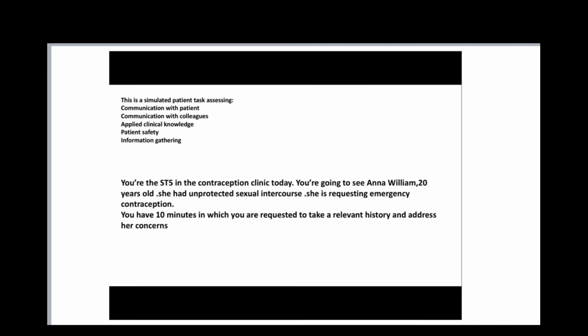This is a very important patient safety issue because in the UK usually they will never insert an intrauterine device unless they do a swab and culture and detect there is no chlamydia.